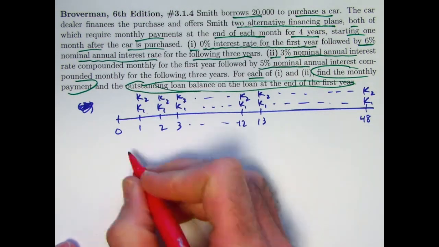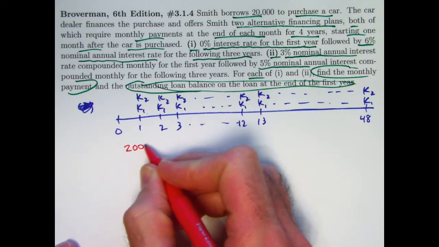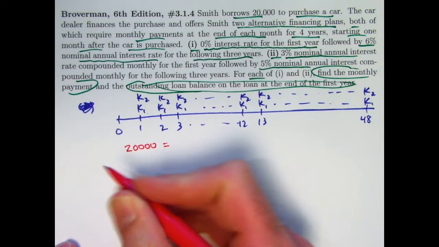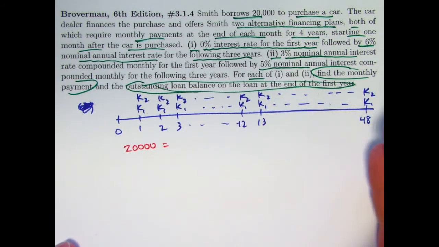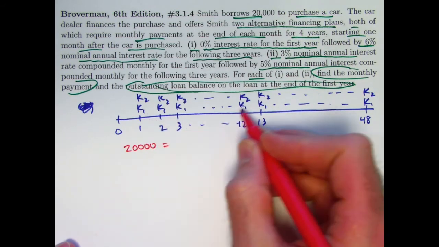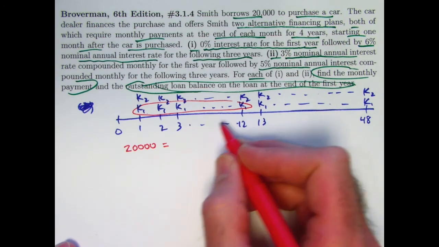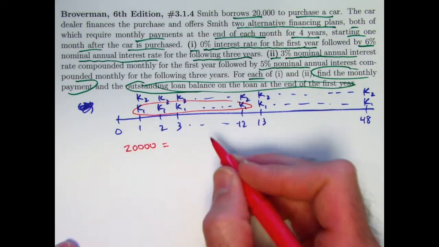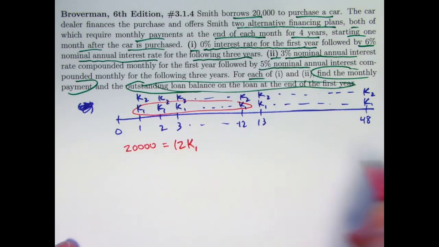In both situations, the idea is the value of the loan, $20,000, which is at time 0, is equal to the present value of all these payments. In situation 1, for the first 12 months, there's no interest. So the present value of those first 12 payments at time 0 is equal to 12 times those payments, 12K1.